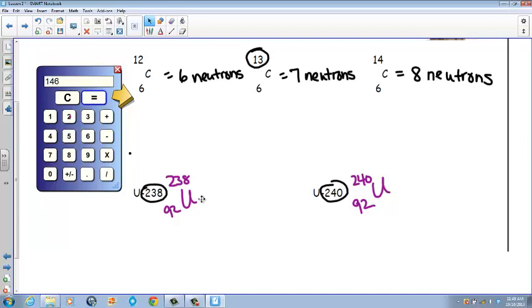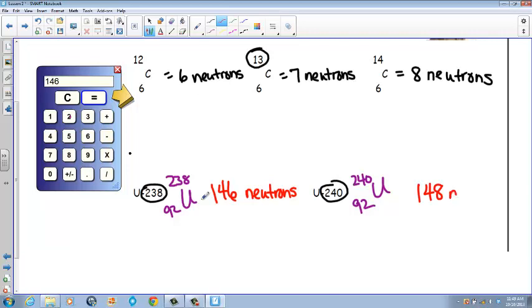So here we're going to say that we have 146 neutrons. Okay, as we can see that this has 2 more atomic mass units, we're simply going to say that there's 148 neutrons. If you're not sure, you can do the math. Okay, 240 minus 92 equals 148. Here is 238 minus 92. Okay, and that's how we get that.